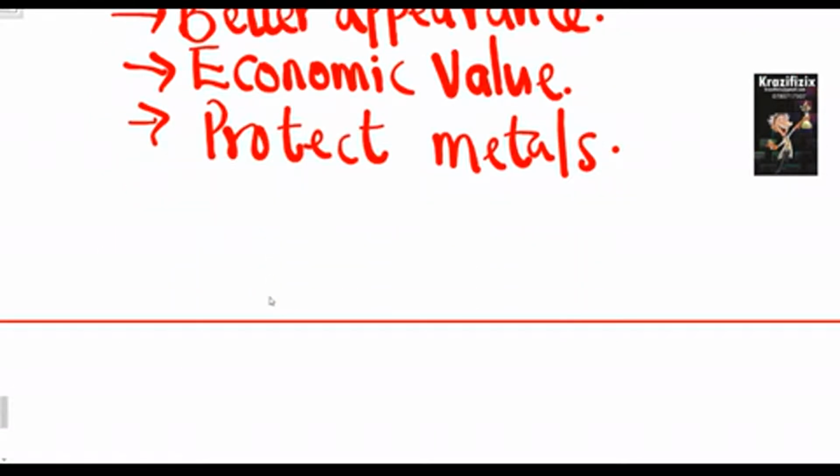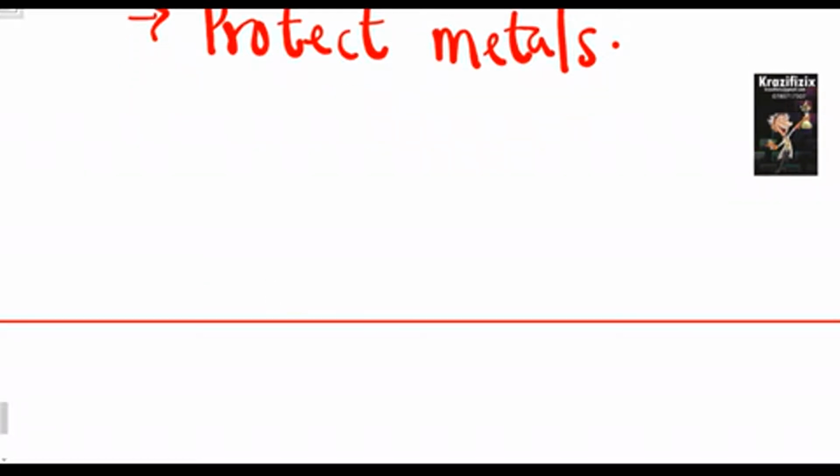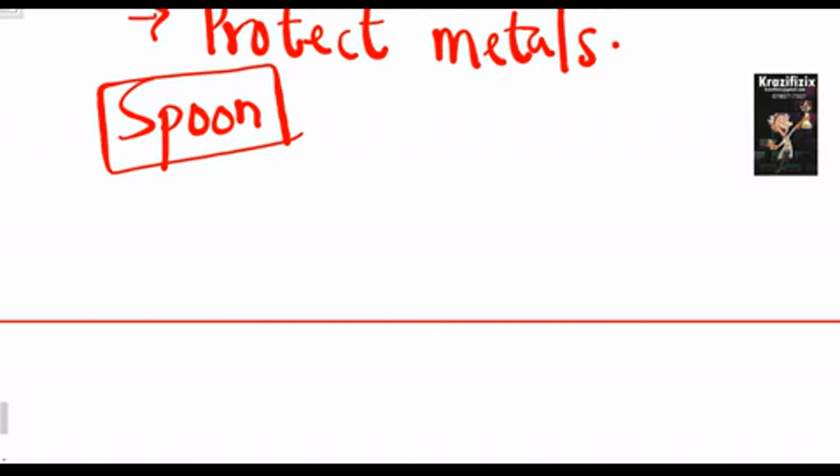I want us to check something. If we are covering a material, let's electroplate a spoon. Let's electroplate a spoon with silver. Since we want to electroplate a spoon with silver, we're looking at having solid silver.